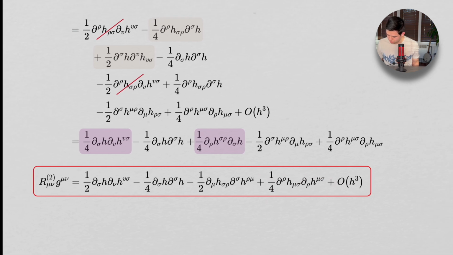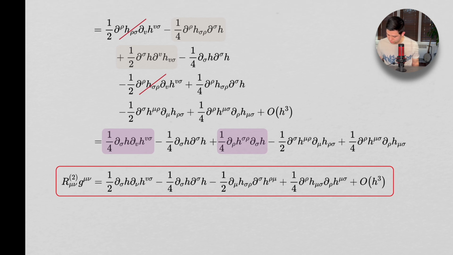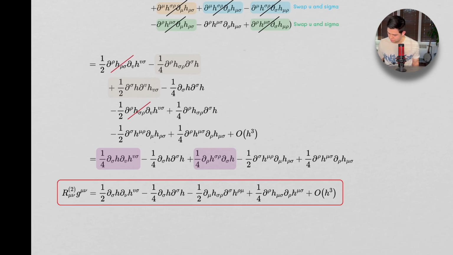So what ended up happening with this term right here, which looks like this term, is it ended up getting added to this term right here, because we have d sigma h and a d sigma h, and then d nu sigma, nu rho sigma. Okay, so again, dummy variables. So these two guys get combined, and they give us this term right here.